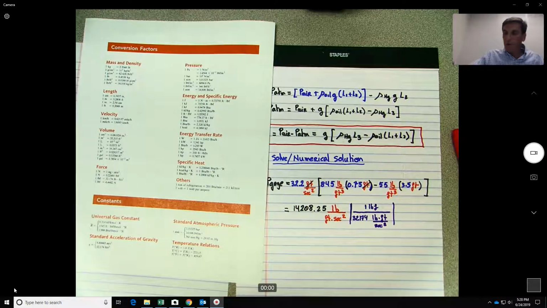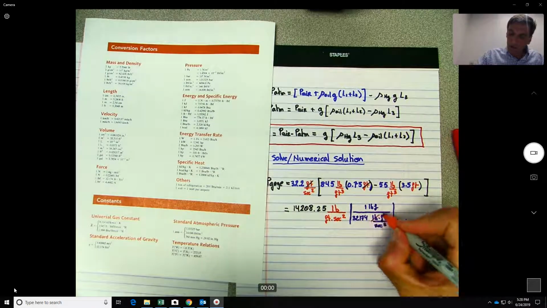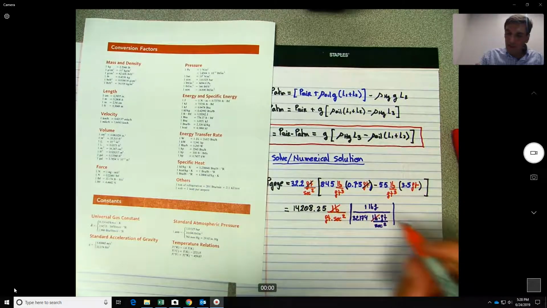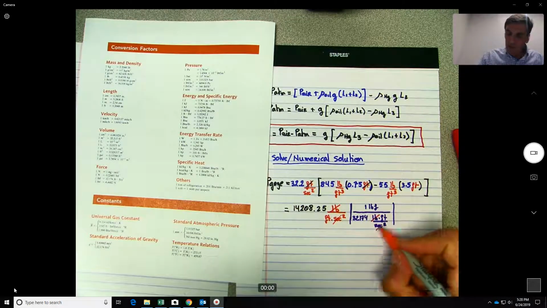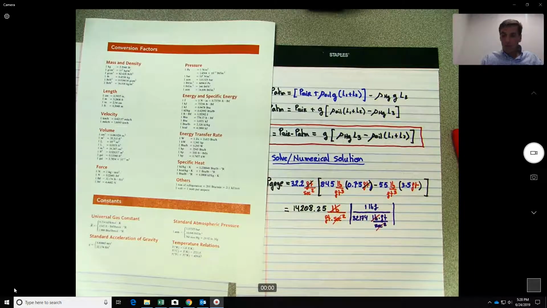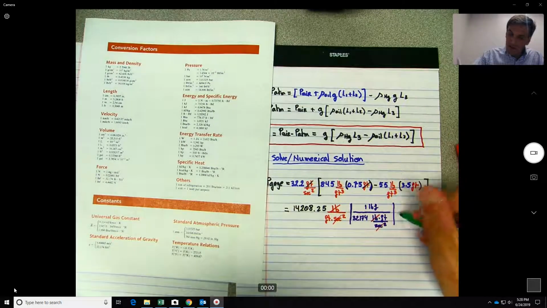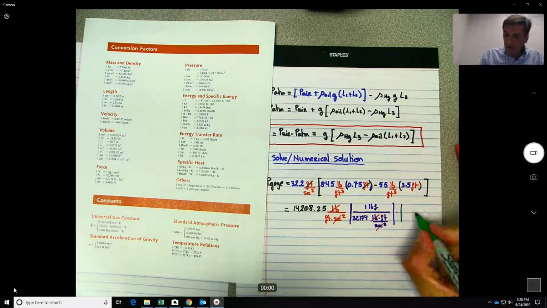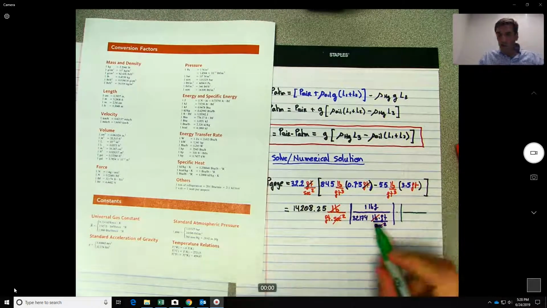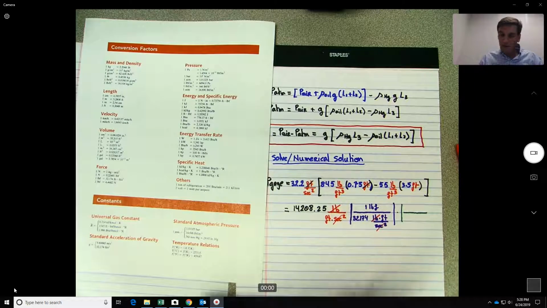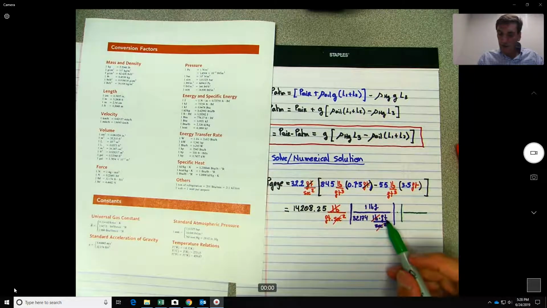So now if you pay attention over here, what's going to happen? This one will cancel this one, this second square will cancel this one, and we end up with lbf foot square. So we end up with a foot square at the top.